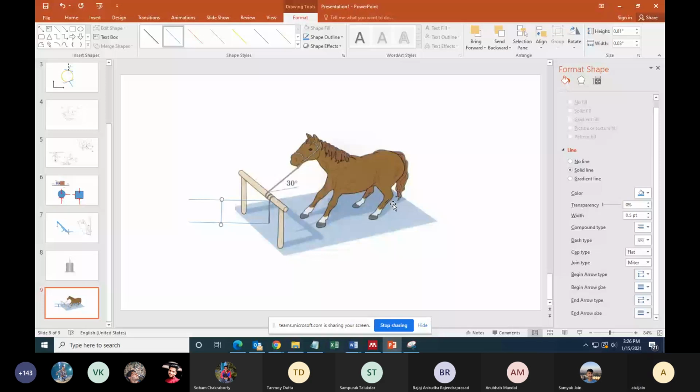What is the coefficient of friction? Take any normal value, use your engineering sense. How much friction will a log have? Take some numbers. No need to do an exact calculation. Just tell me, what does your intuition say? If it is 50 grams, does the horse have to pull 10 kilograms, 100 kilograms, 1000 kilograms? How much?